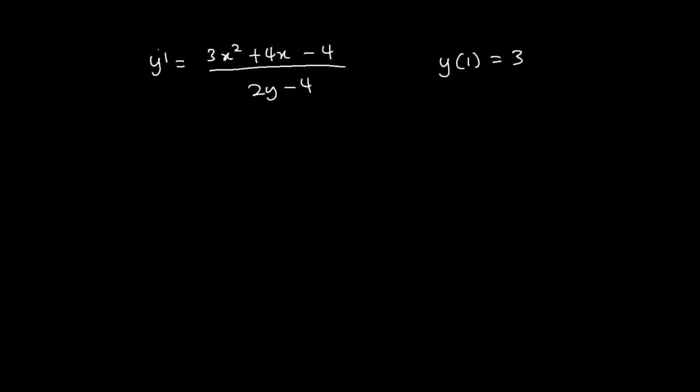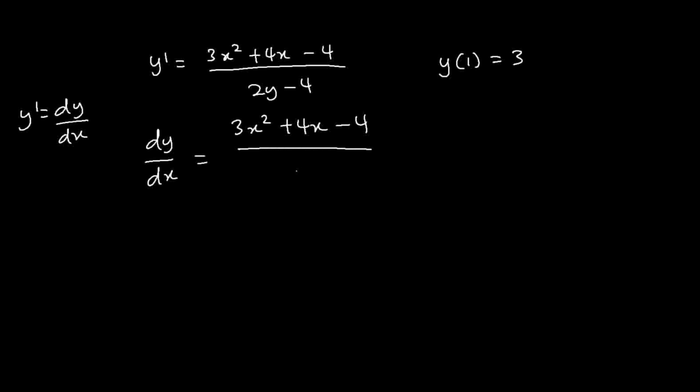Okay, let's see how you are going to do this. The first thing I'm going to do is rewrite this y prime. Y prime is the same as dy over dx, right? So I therefore have the differential equation dy over dx equals 3x squared plus 4x minus 4 divided by 2y minus 4.